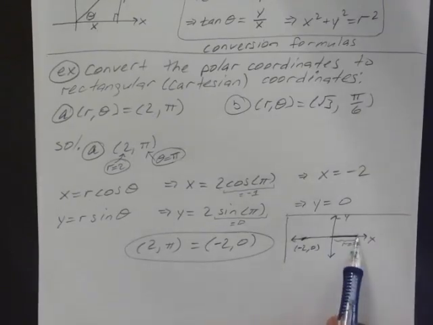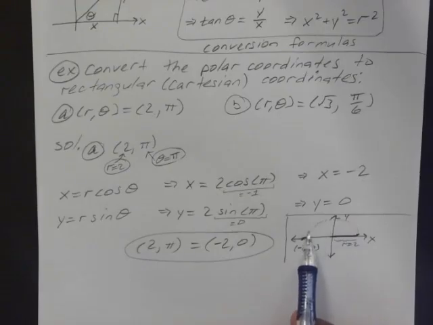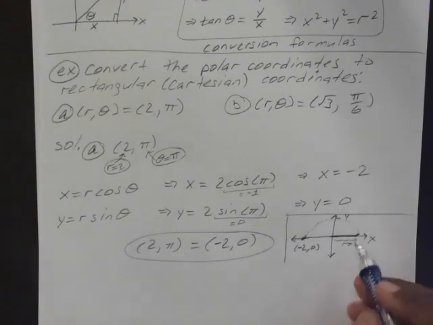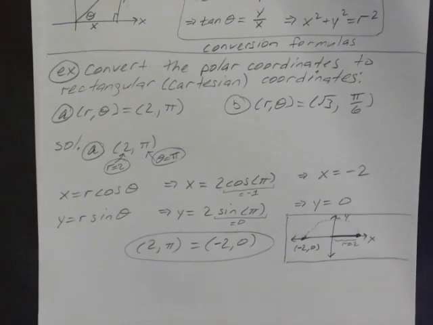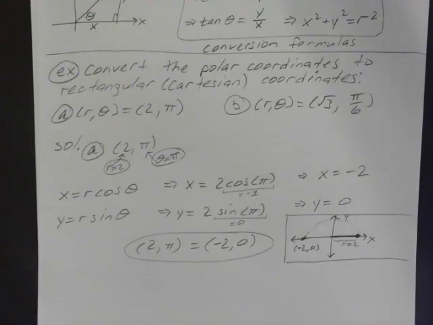So if it has a radius of 2 and we swing it around pi radians, it just swings around and ends up right there. So we end up with the exact same spot with 2 different coordinates. Well, same coordinates, but 2 different notations for the coordinates. One in polar form and one in Cartesian form.